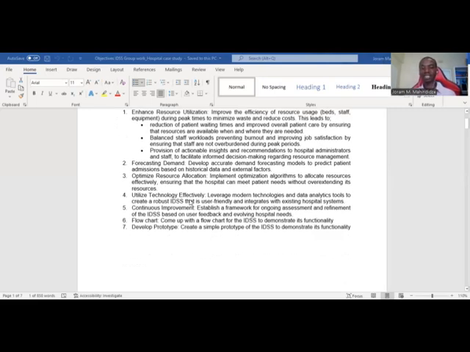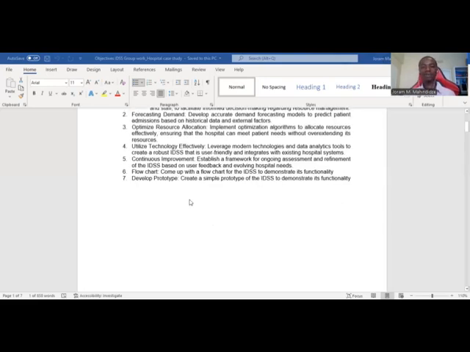Then utilize technology effectively. So we want to leverage modern technologies and data analytics tools to create a robust, intelligent decision support system that is user-friendly and integrates with existing hospital systems. So that's also something that we want to do in this system. Number five is continuous improvement.